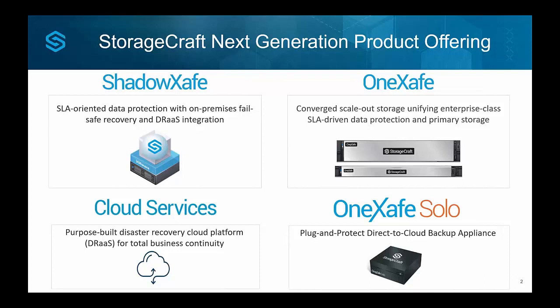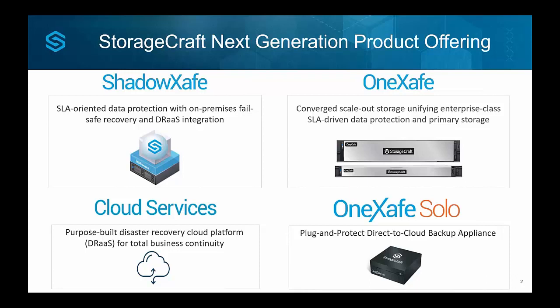And one of the big things that's most relevant right now is the built-in CDP that OneXafe has. So what we do is all the shares, all the unstructured data, as well as your backup storage, we snapshot that every 90 seconds. It's immutable, so ransomware cannot corrupt these snapshots. You could have a 10 terabyte or 100 terabyte file share. You could have hundreds of terabytes of backup storage, for example, and if something goes wrong, we can instantly promote that share back to an hour ago, back to yesterday, instantly, hundreds of terabytes.